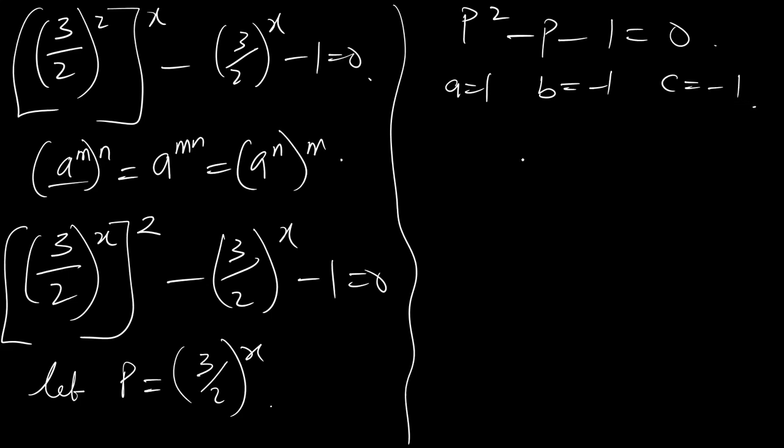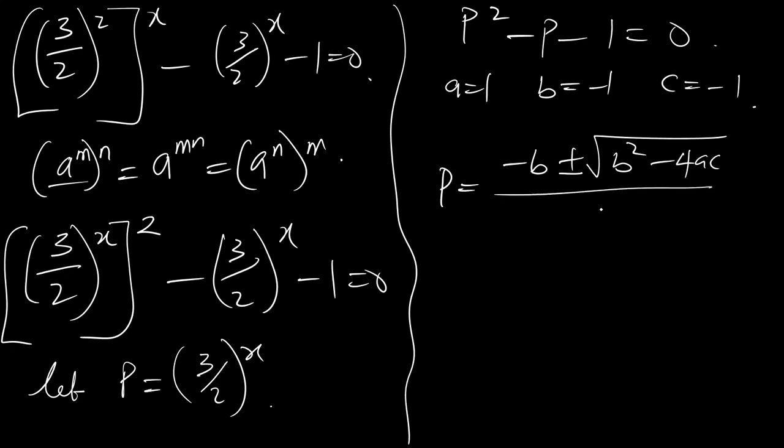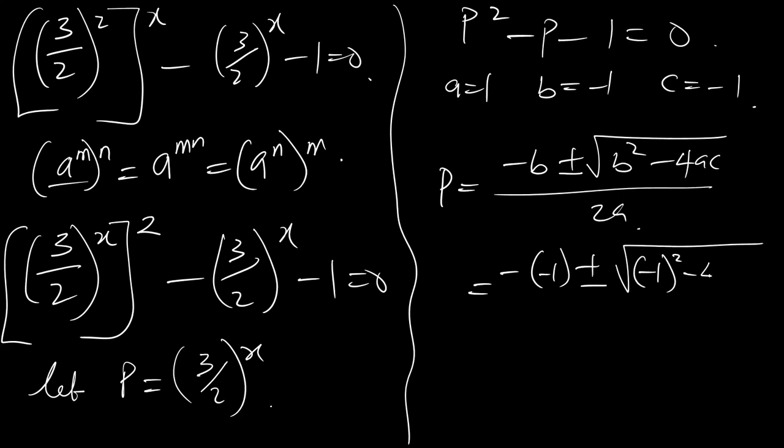to minus 1. So now that means p is equal to minus b plus or minus the square root of b squared minus 4ac divided by 2a. Now we have minus into minus 1, b is minus 1, plus or minus the square root of minus 1 squared minus 4 times 1 times minus 1, divided by 2 times 1.